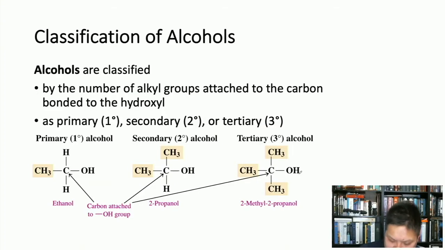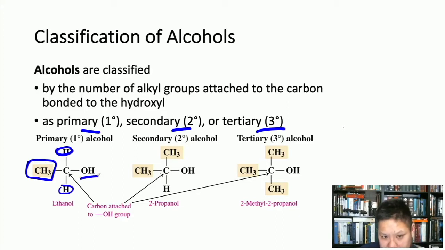So we can classify alcohols as either primary, secondary, or tertiary. What's the difference? Well, in a primary alcohol, there's only one methyl group. The rest are hydrogens, and the hydroxyl is connected to that primary carbon, right? So that makes it a primary alcohol. In a secondary alcohol, there are 2 methyl groups connected to the carbon that the alcohol is attached to.